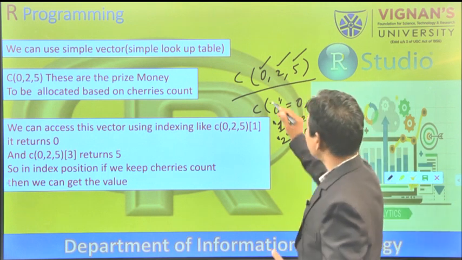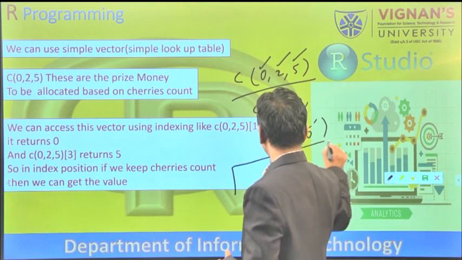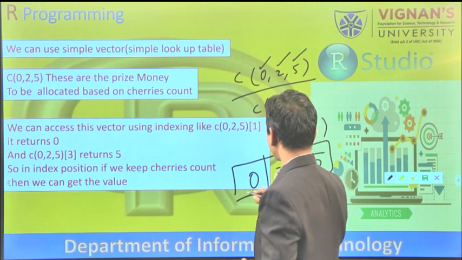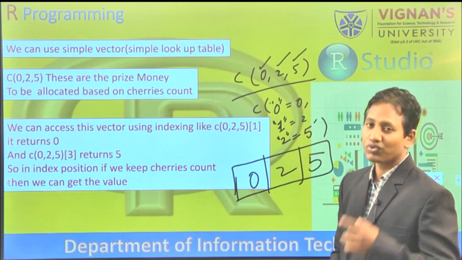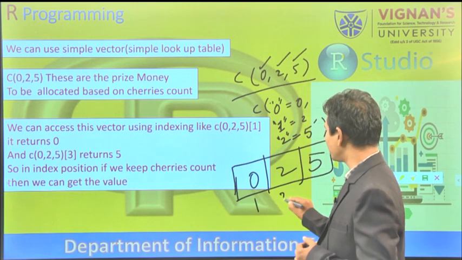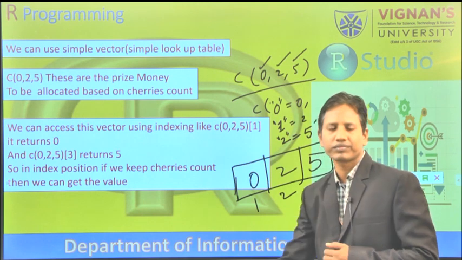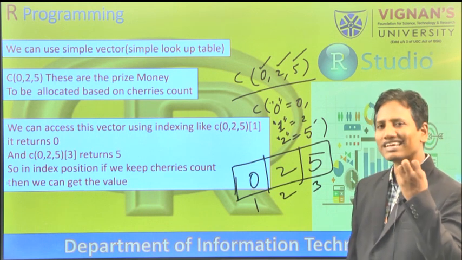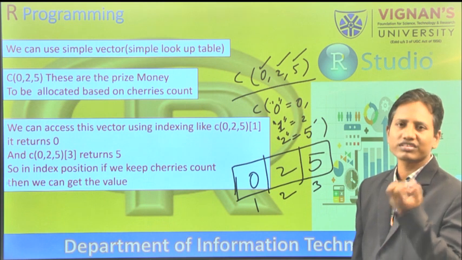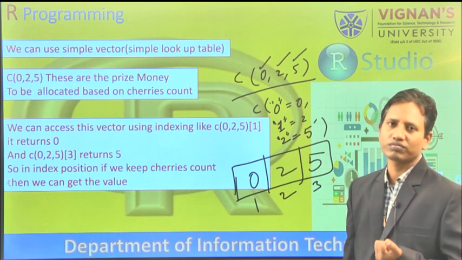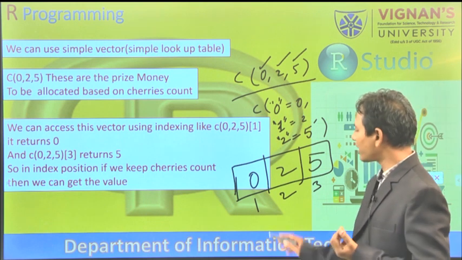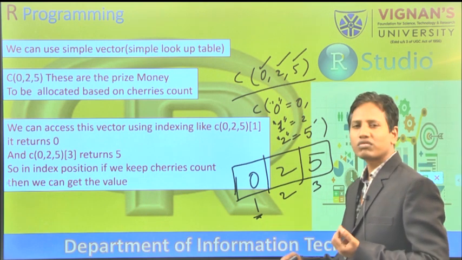And if I keep it in a vector, the vector is going to be like this, 0, 2 and 5. And we know that the indexing starts from 1, 2, 3. So, depending on the index count, okay, the cherries count, you are going to get the values. So, here the possible cherries counts are: if cherry count is 1, you are getting 0.